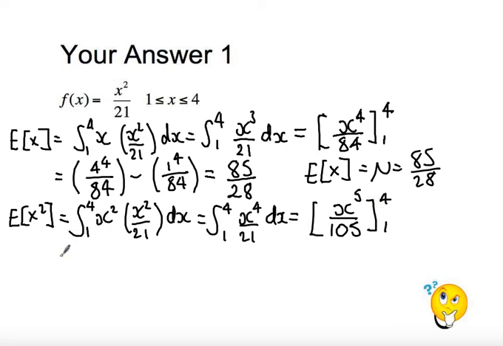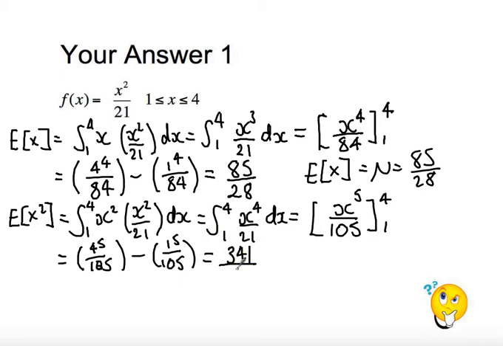So let's evaluate the integral. We have 4 to the power of 5 over 105 minus 1 to the power of 5 over 105. And so when you type this into your calculator carefully and work through it, you should get an answer of 341 over 35.